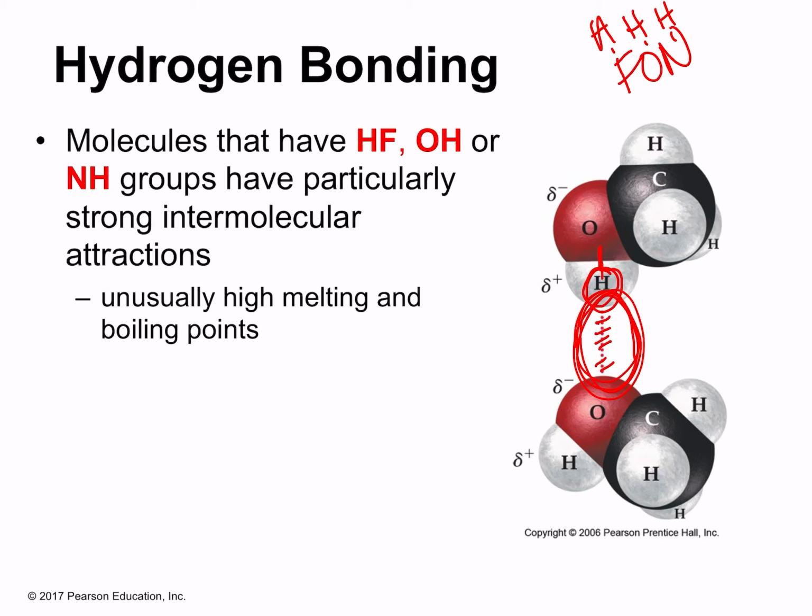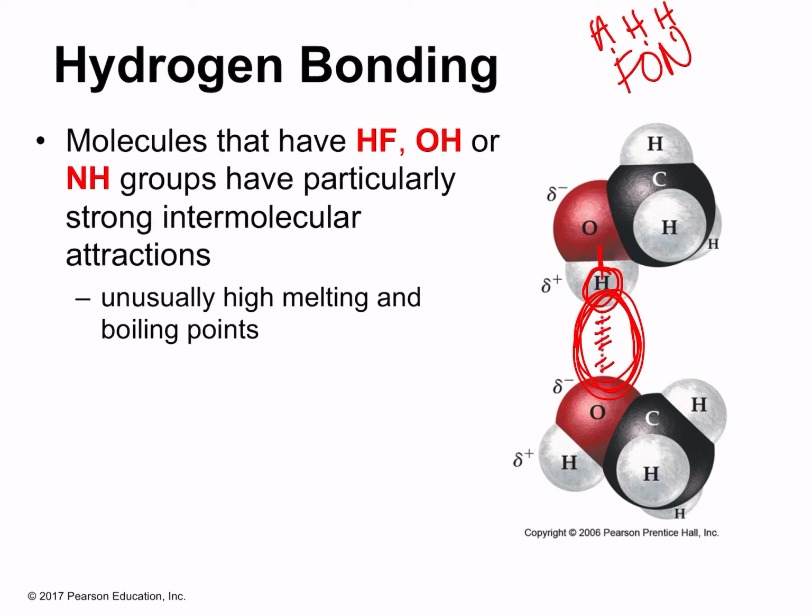So they have really high melting and boiling points for their size. Normally, we can look at molecules and see, based on their molecular weight or molar mass, whether they might be a solid or a liquid or a gas at room temperature. But these molecules, even though they're small and have low molecular weights, are more likely to be liquids or solids at room temperature because they have these really strong intermolecular forces.